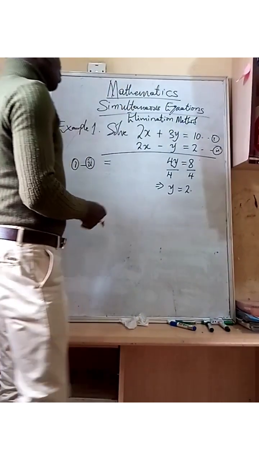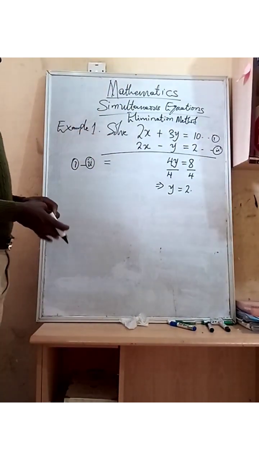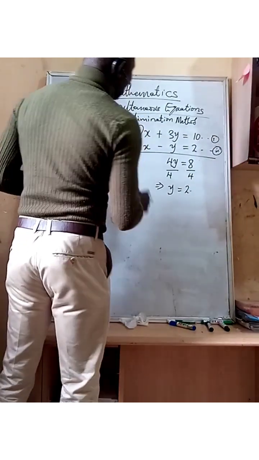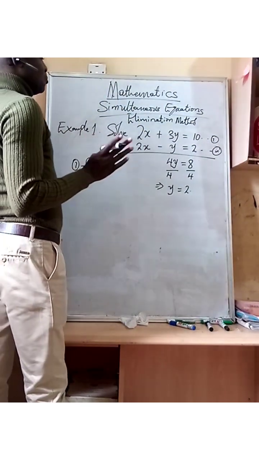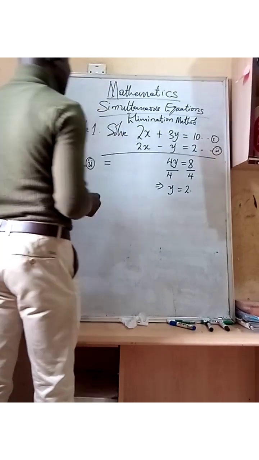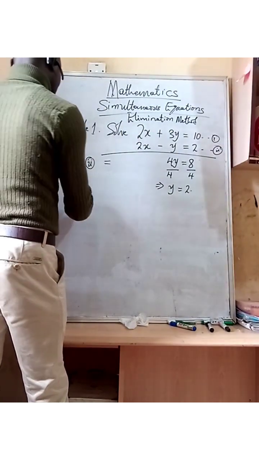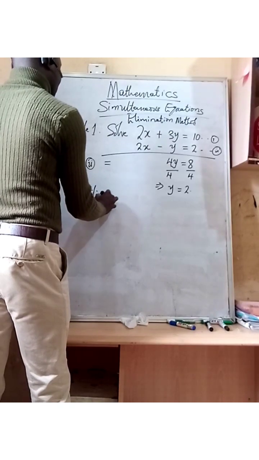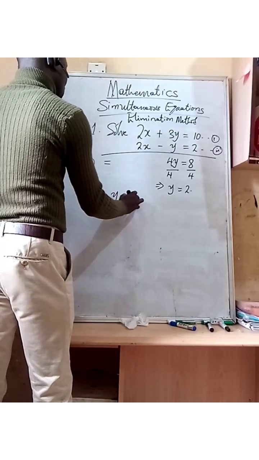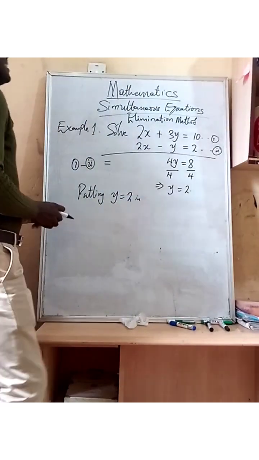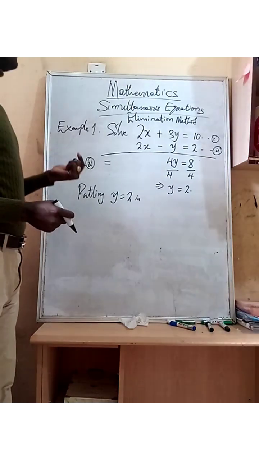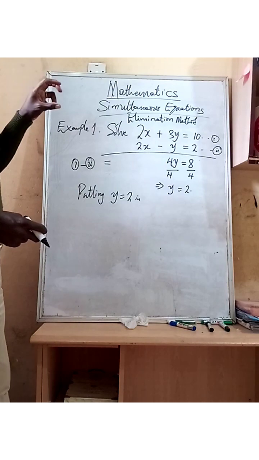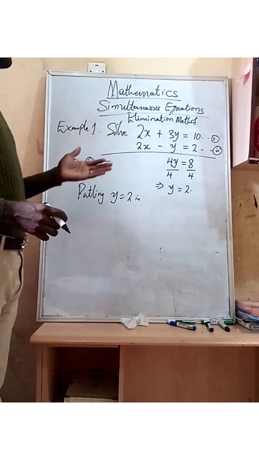Then we can substitute in any of the equations. Now, when I say substitute, it does not mean that we are using the substitution method. So what do I suggest that people do? I say put y equals 2 in the equation with the smaller number because it's easier to manage.